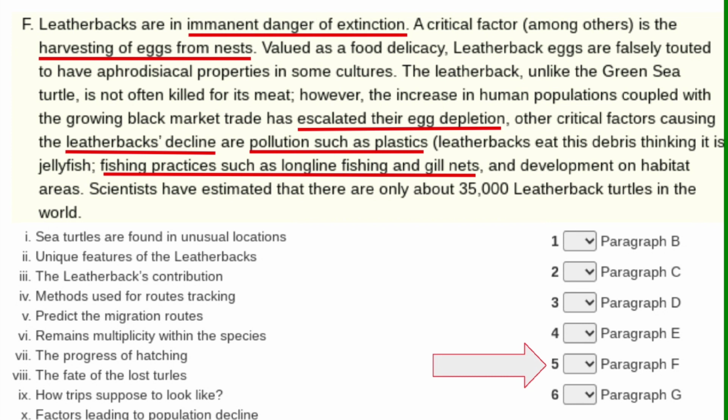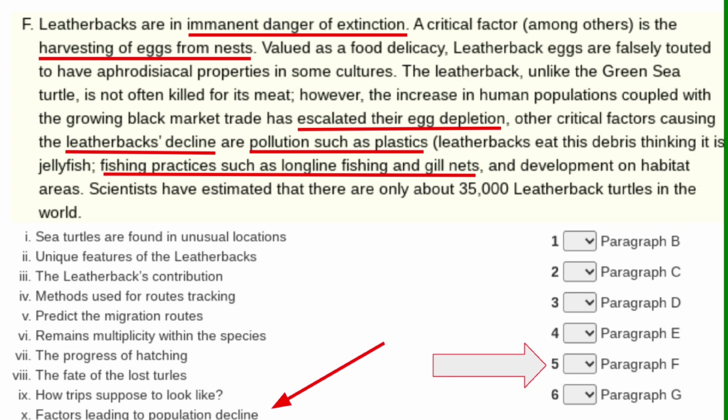The whole paragraph has been talking about why there's fewer leatherback turtles and they may go extinct. It gives us a long list of reasons why that's happening. Reasons, or another word, factors. So number 10, factors leading to population decline is our correct answer.